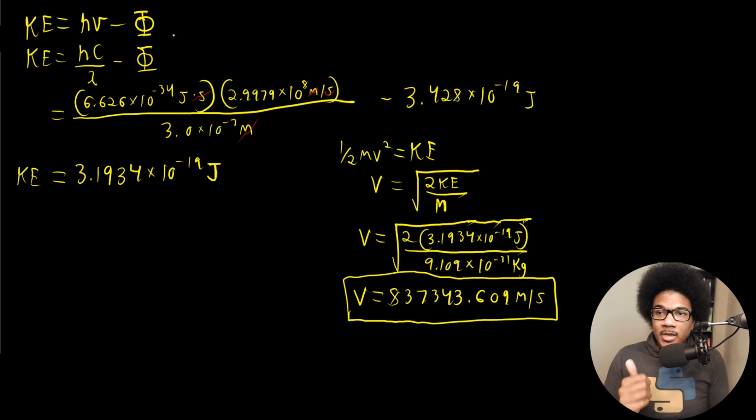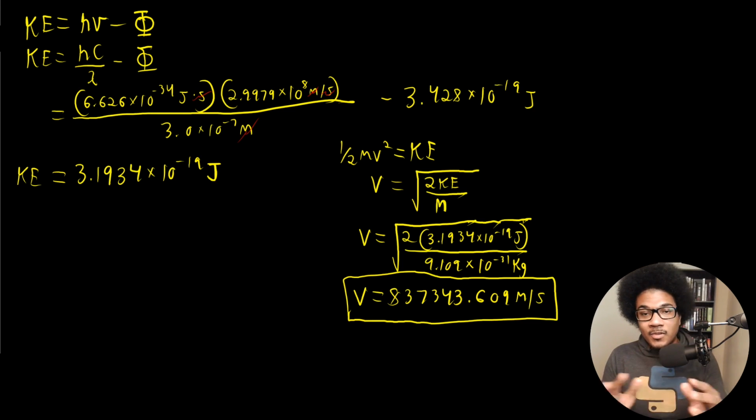So keep in mind what we did here. We used the photoelectric effect equation with the work function to calculate the kinetic energy first. Using that kinetic energy, we were able to calculate the speed of the ejected photoelectron. This equation is pretty routine to use.